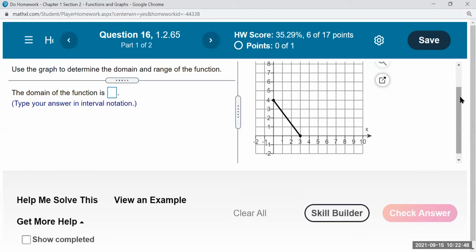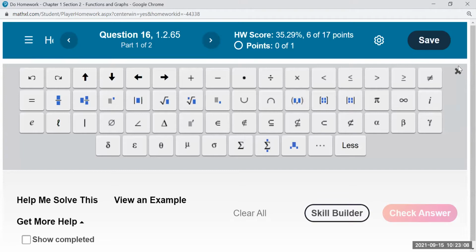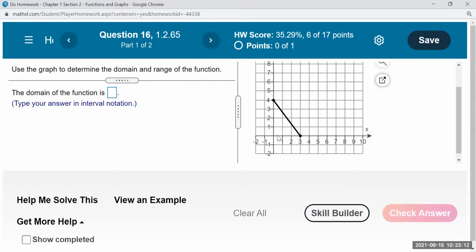So what's the domain of this function? On the x, where does it start? Where does it stop on the x-axis? It starts at 0 to 3, yeah.